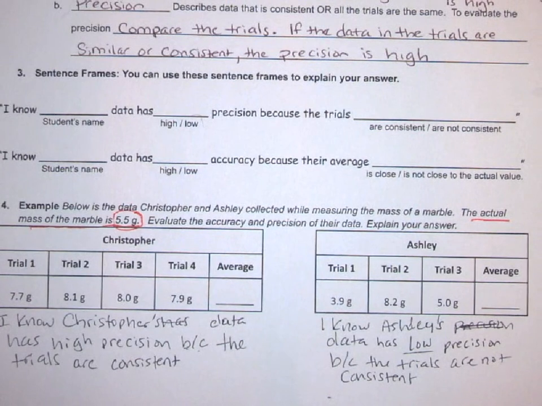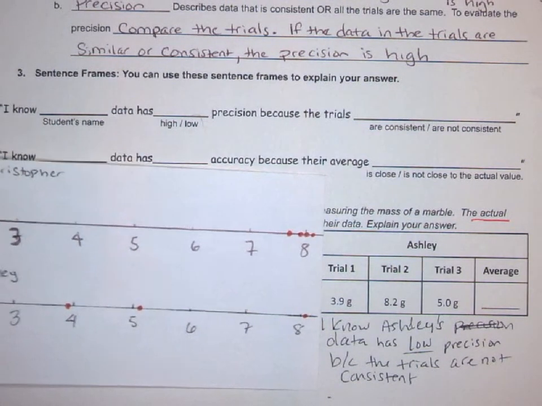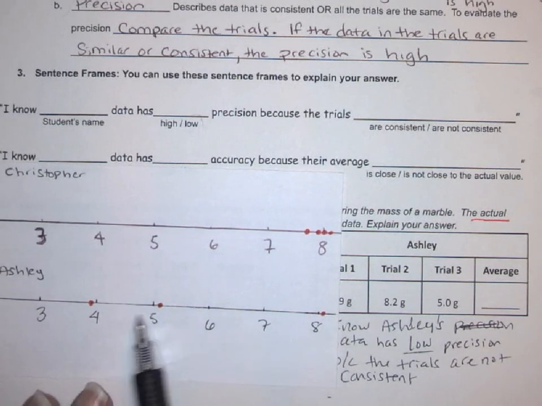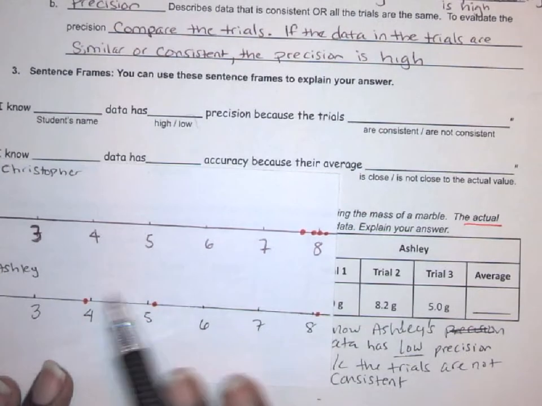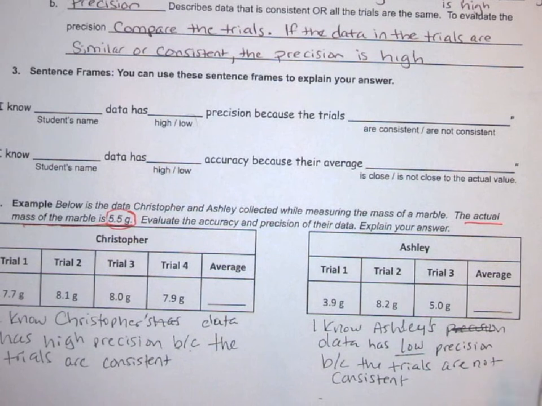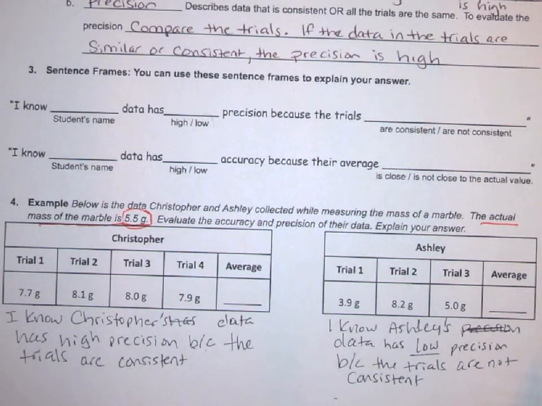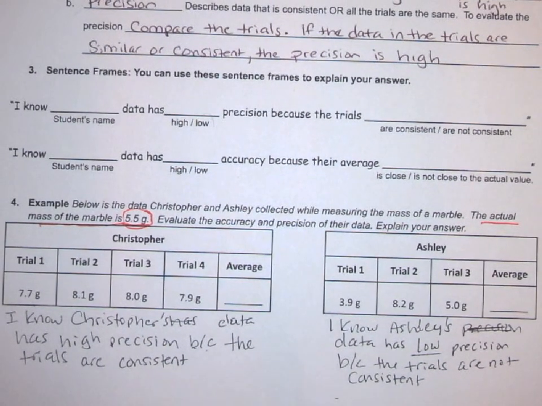And again, I can visualize that on a number line. So if we look at Ashley's data on a number line, you can see her values are all spread out. All right, if you need to pause the video to copy this information down, go ahead. And then we're going to move on to average.